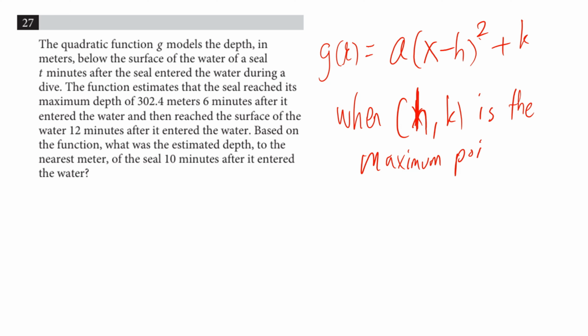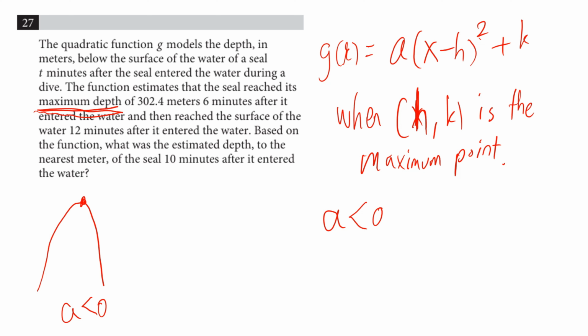We also have to note here that because the question gave us the maximum depth, we know that a has to be a negative value, because for a quadratic function to have a maximum point, it must be concave in this form of shape, where the leading coefficient of the quadratic function, a, has to be less than 0 for the maximum to exist.